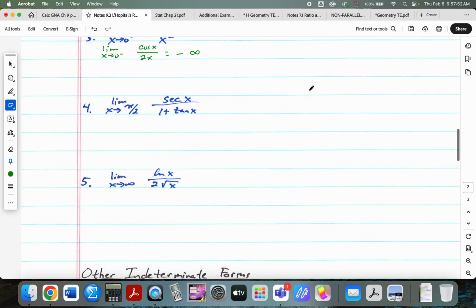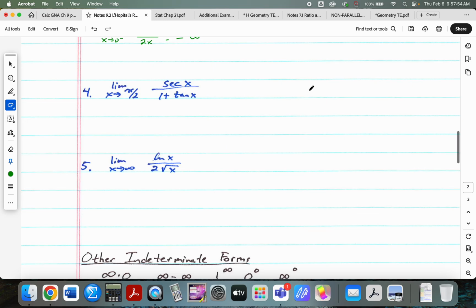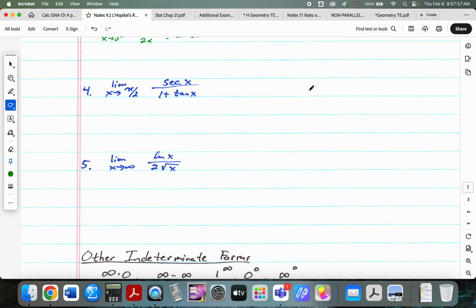All right, let's take a look. The limit as x goes to pi over 2 of secant of x over 1 plus tangent of x. Now let's see. Secant is the reciprocal of cosine. Cosine at pi over 2 is 0.